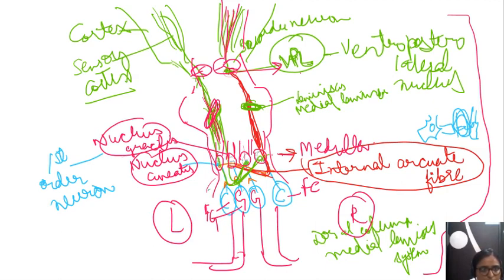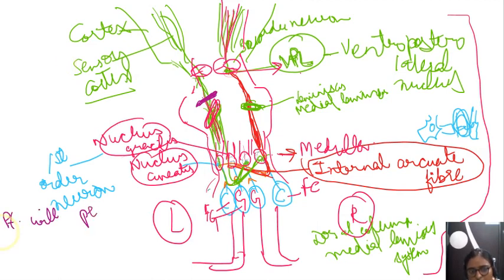For example, you have the lesion here. So what will be the presentation of the patient? How will the patient present? This is the left side and this is the right side.